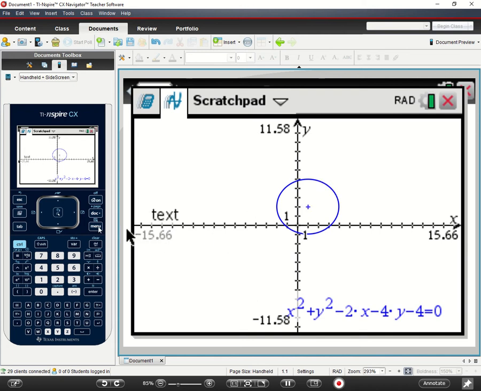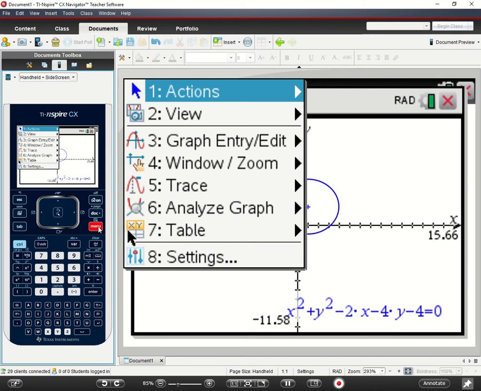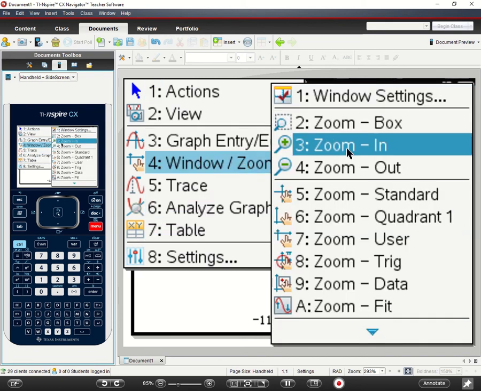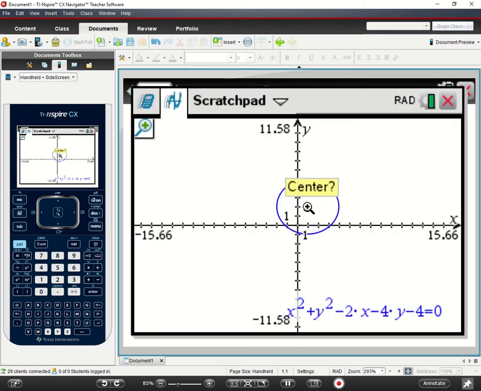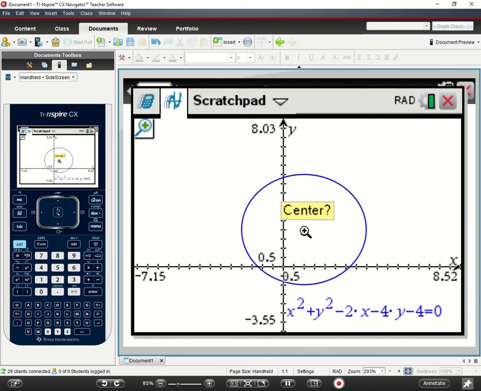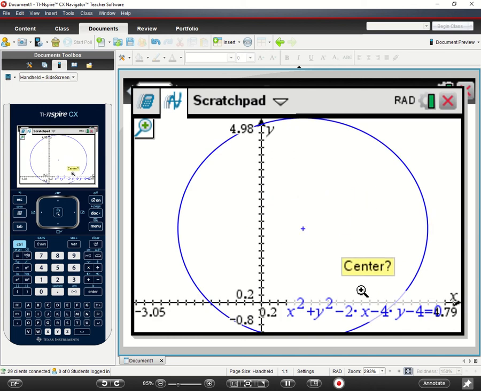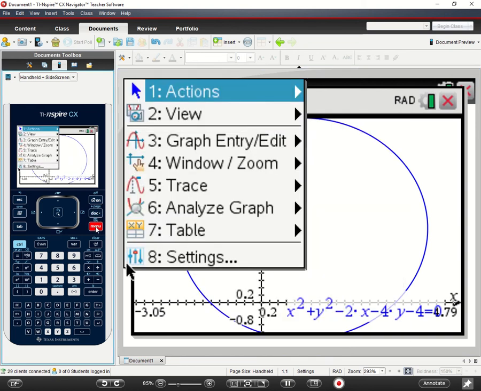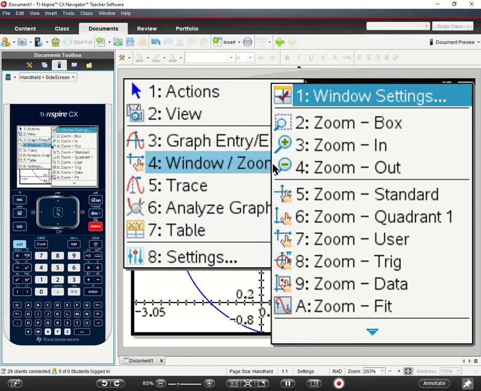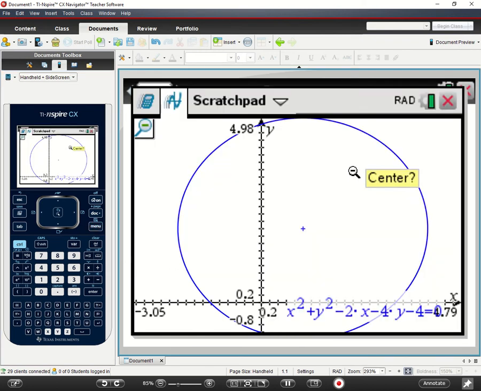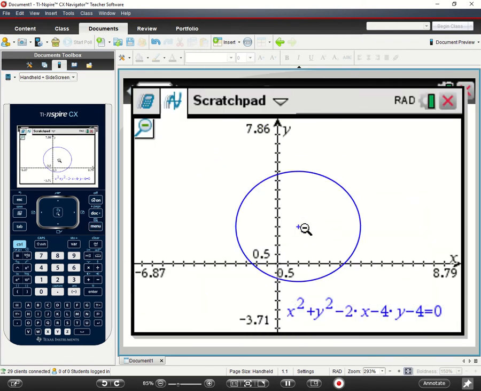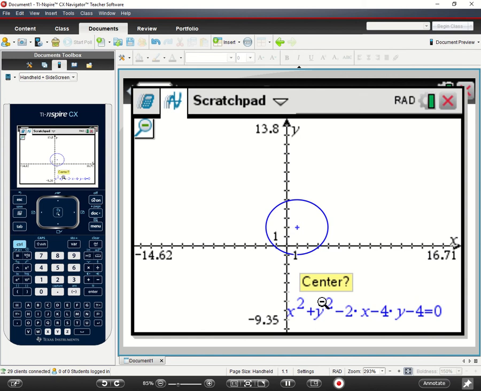And if you're struggling to see where it's at, use menu and you could zoom. Zoom on the center. Look right there. There's my 1 and there's 2. So it's right 1 and up 2.